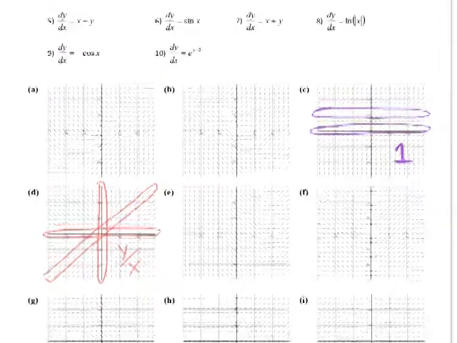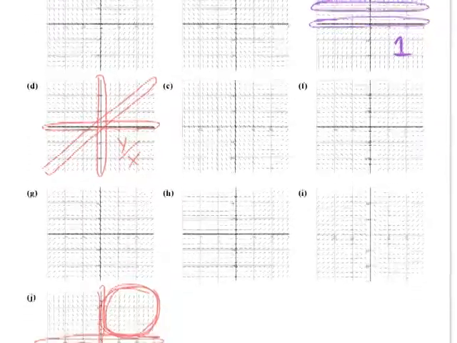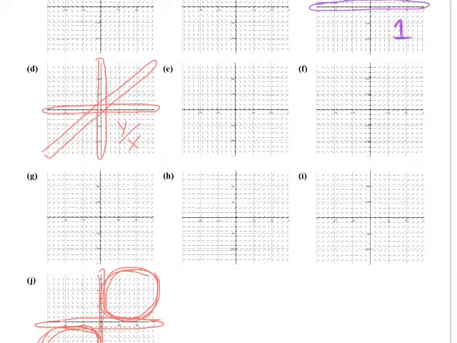It looks like option E has 0 slopes when x is 2. We'll just check the other ones. That's a positive 1 slope. This is almost a 0 slope, but not quite. This is like a 1 slope. So yes, it looks like graph E, because we have those 0 slopes when x is 2. So this is the differential equation x minus 2.